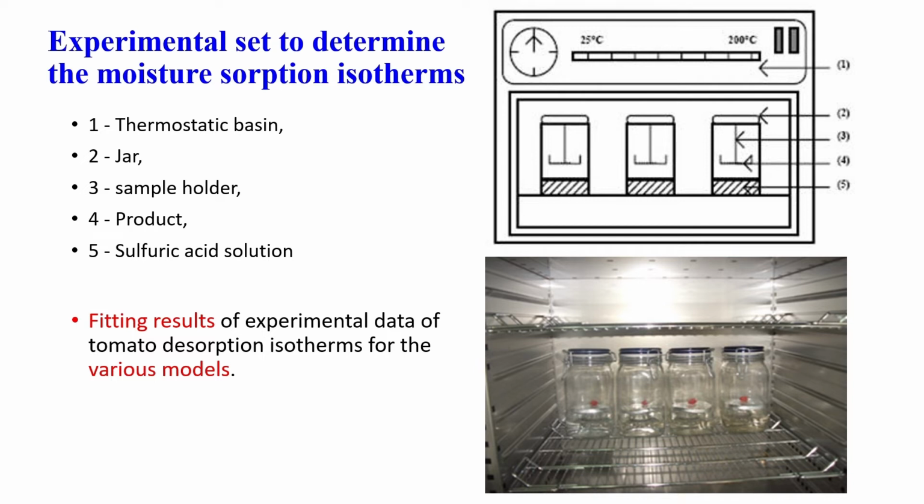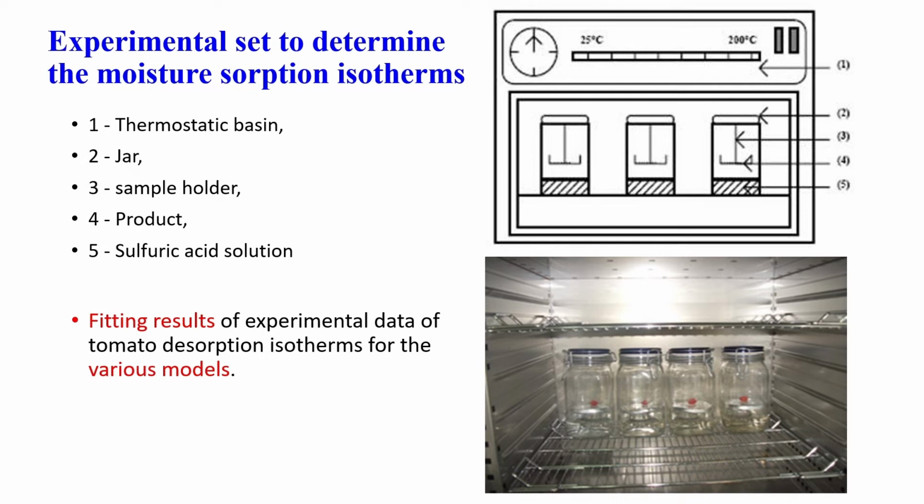Then the product is held by the sample holder. And then you may have sulfuric acid solutions, or you may have different types of salt. Then the products are put according to the different concentrations of the sulfuric acid in the jar, and then we keep them for a period of time.